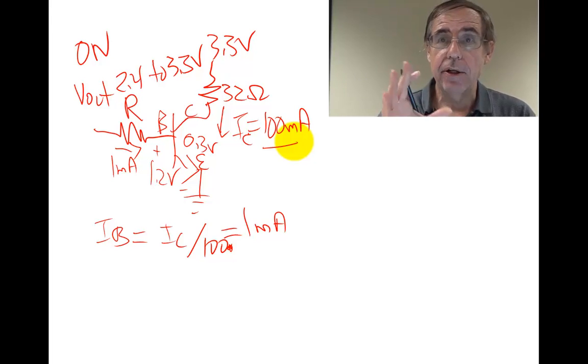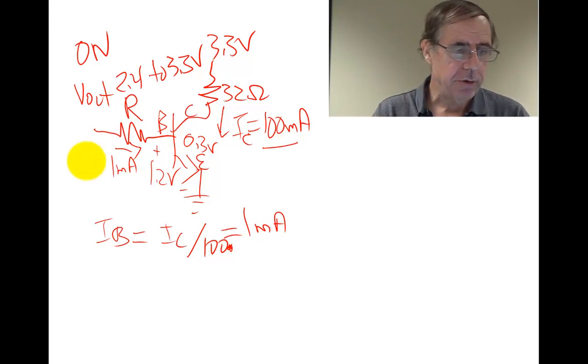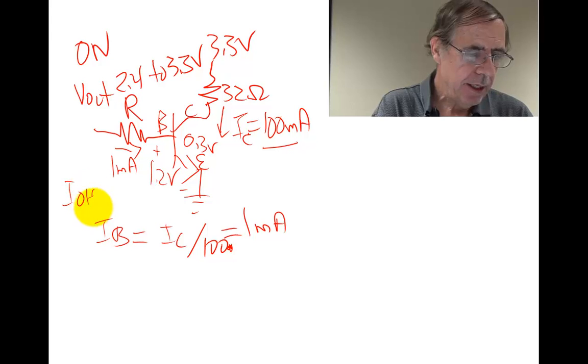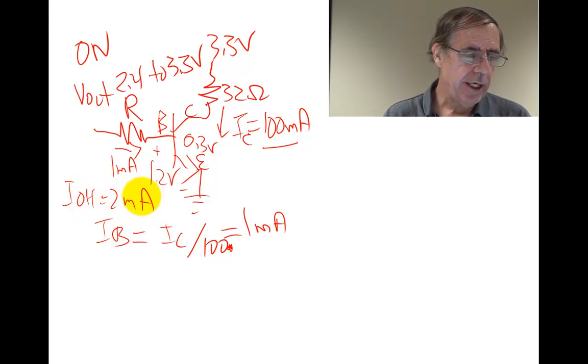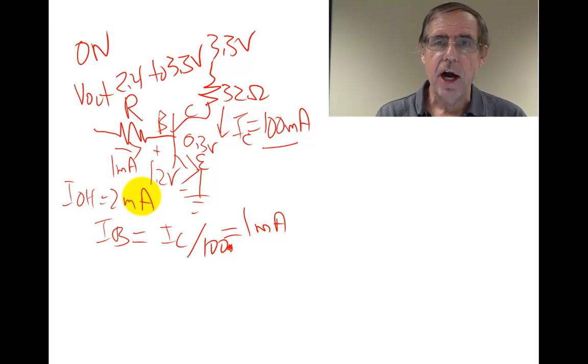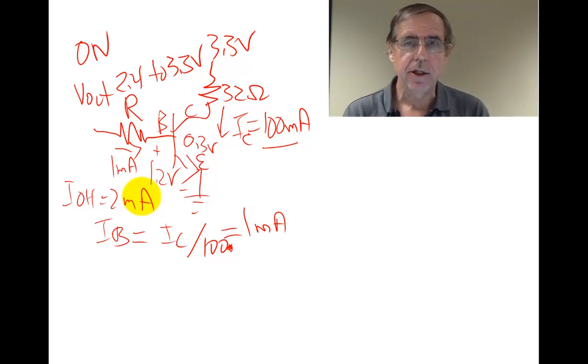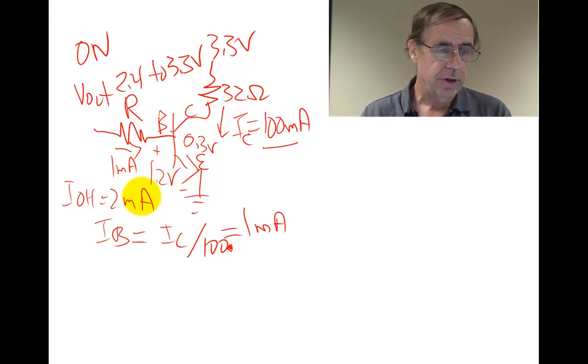Okay? And now, is that 1 milliamp scary? No, because you remember that IOH is 2 milliamps, or 4, or 8. So we can clearly drive a 1 milliamp base current in order to get 100 milliamps to go through my speaker.